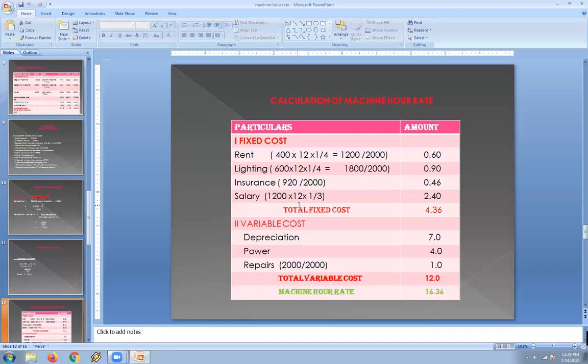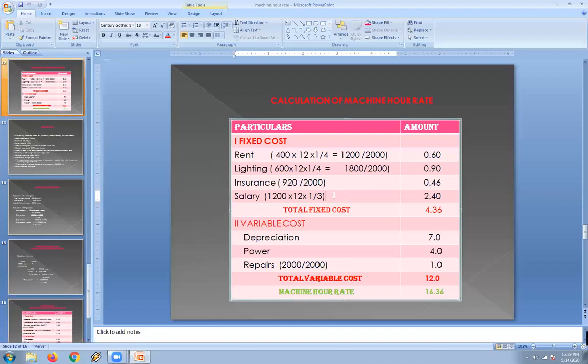So 1,200 into 12 into 1/3, divided by 2,000, the value is 2 rupees 40 paisa.